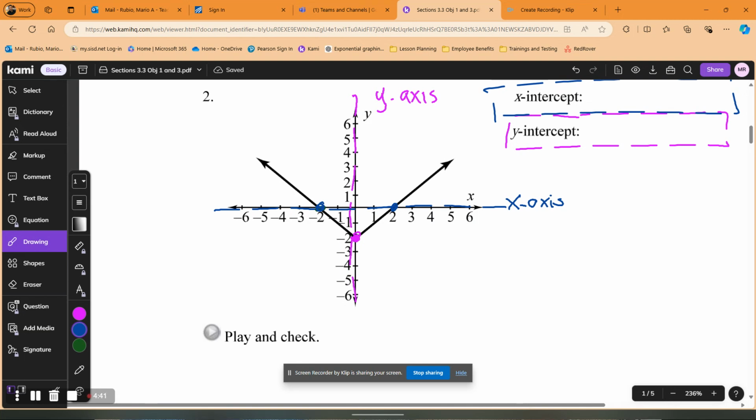So you should have 2 coordinate points for the x-intercept, and you should have 1 for the y-intercept. You work those on your own. Okay, do this one on your own.